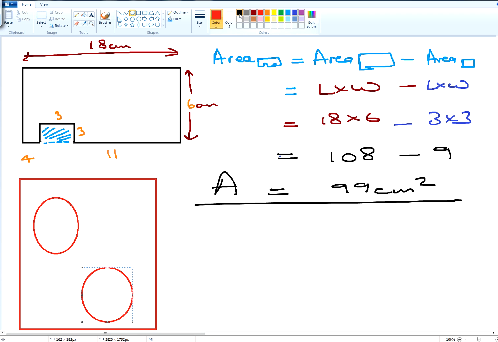Okay, this is the question for you to do. We've been told that this length here is 12 centimeters and the height here is 18 centimeters. The radius for the first circle is 7 centimeters and the radius for the second circle is 6 centimeters. So you have to work out the area of the shaded area.